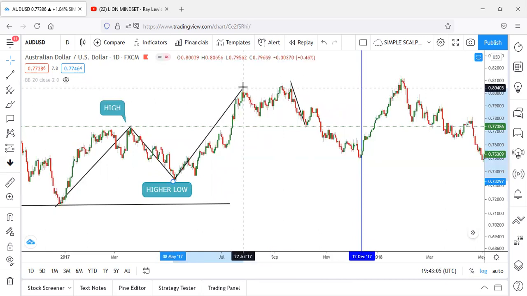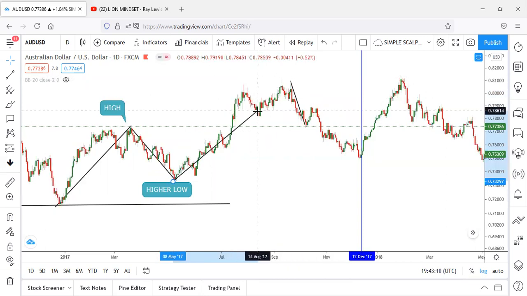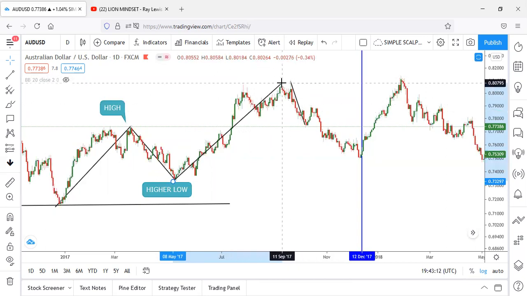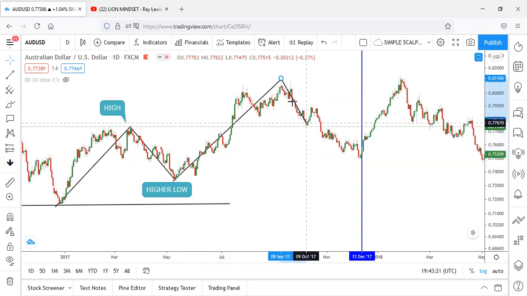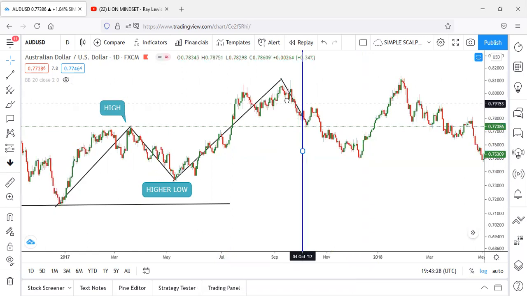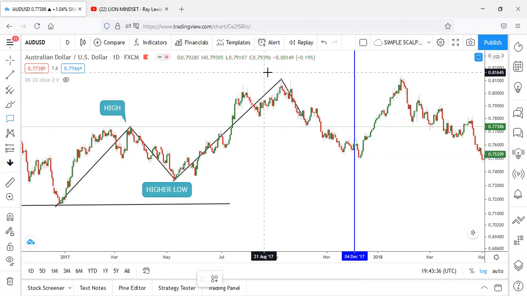If we say this is the end of this move, how about this one? You can see the market came here, came down a little bit, went up. So we cannot say this is the end of this move until we start seeing a pullback, the market dropping. Once the market starts dropping, that is when we can say this area is known as another higher high. I hope this is clear.